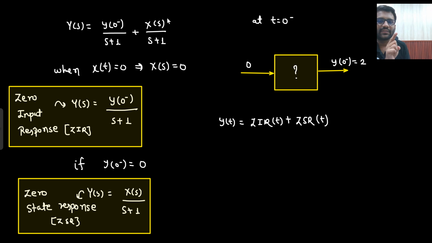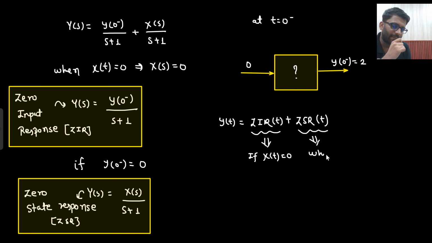Zero input response is what you get when x of t is 0, and zero state response is what you get when the initial conditions are 0. From here you can also get your H of s, which is 1 upon s plus 1.